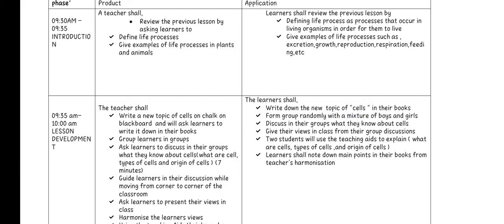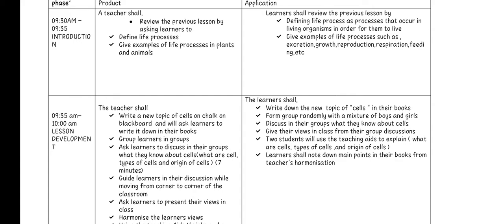From 9:30 to 9:35, we shall have the introduction. We have already said that these learners have looked at life processes. So the teacher shall review the lesson by asking learners to define life processes and give examples.